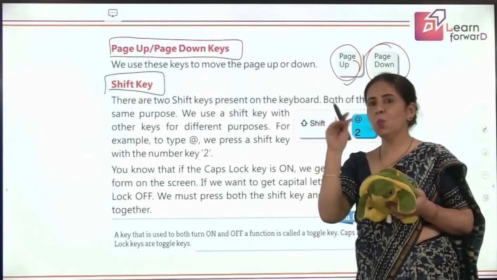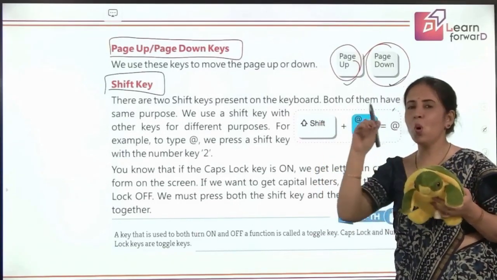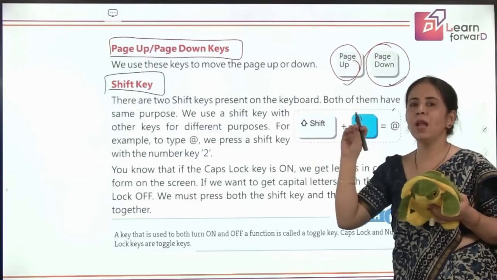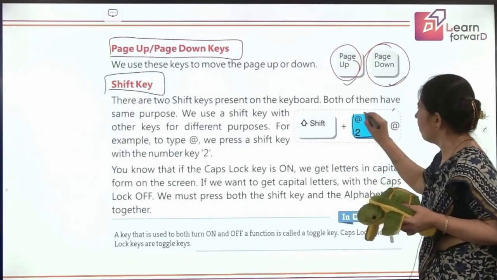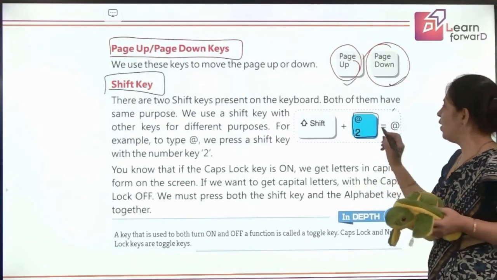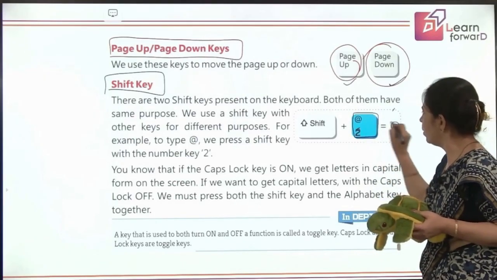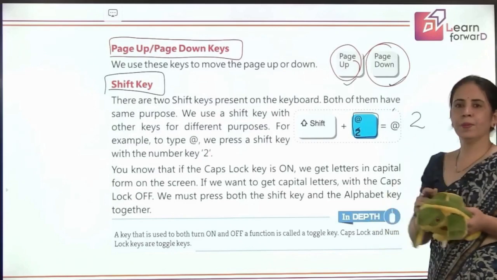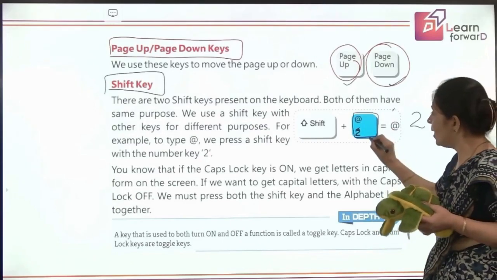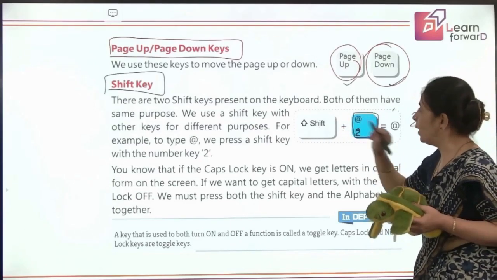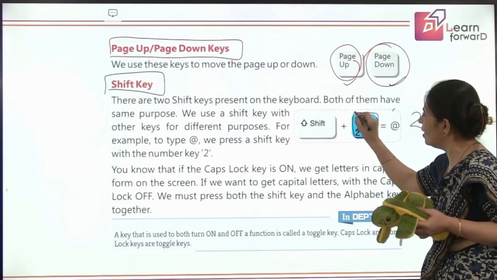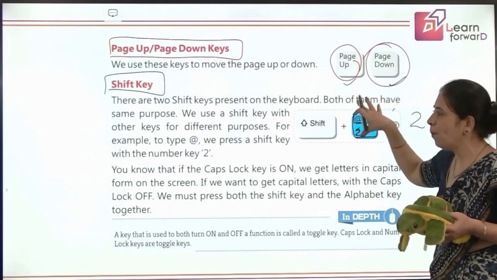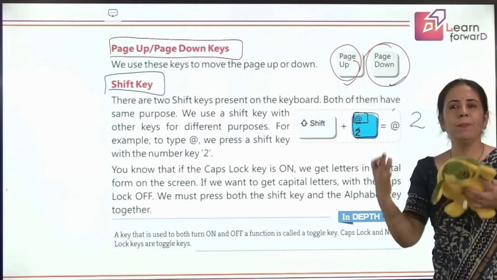Now, when you want to type something written on the top of the numbers on the number key, like I'll just show you, this is number 2. Normally, when you press this key, number 2 is printed. Okay, but when you press this key along with the shift key, so whatever special character is written on the top of that key will be printed.